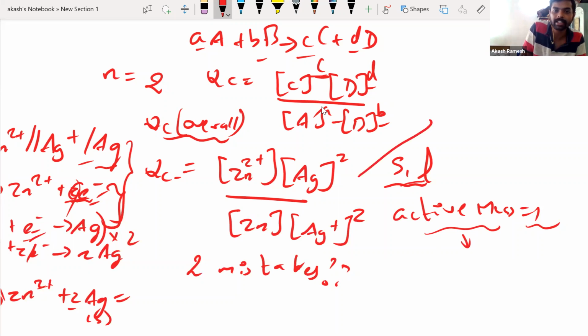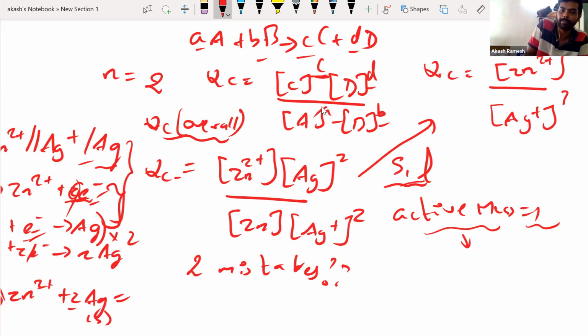So now this equation, if I write it properly, QC will be equal to the product: I have Zn2 plus, right? I don't represent Ag because it's a solid. Again, zinc I don't represent because it's solid. But what I have is Ag plus and I have to put a square. So this is how we write QC.